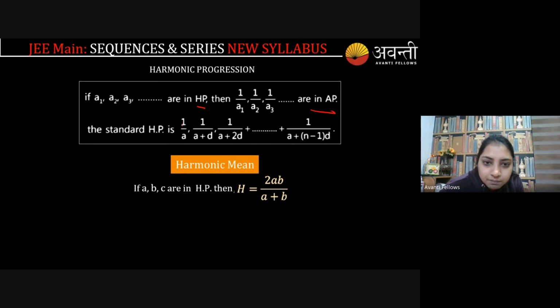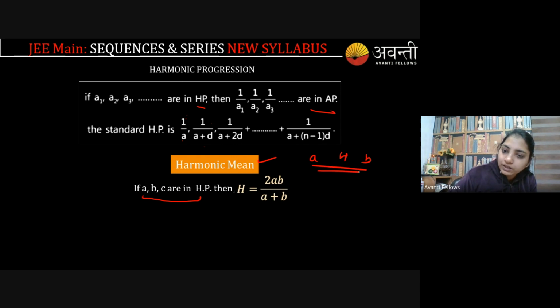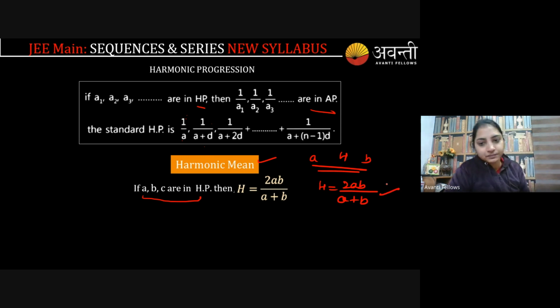It means a standard HP can be seen as 1 upon A, 1 upon A plus D, and so on. So if three numbers are in HP, then B is equal to 2AC divided by A plus C. It means the harmonic mean between two numbers A and B: H must be equal to 2AB divided by A plus B. Is it clear to everyone? Yes.